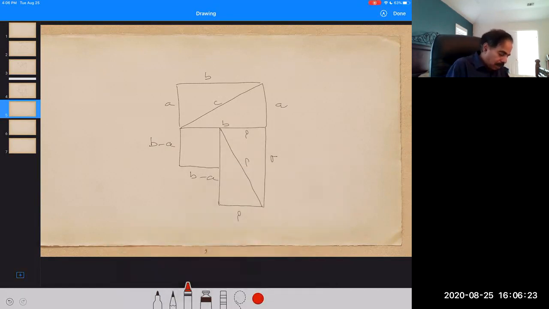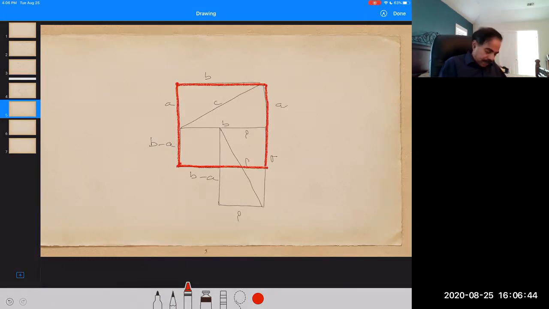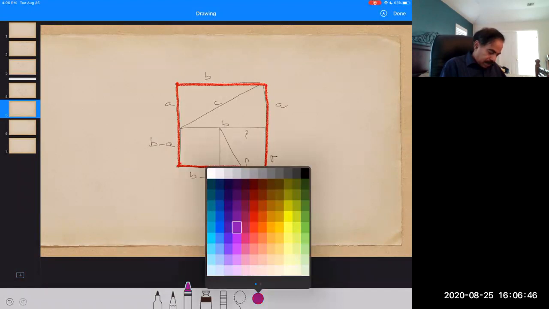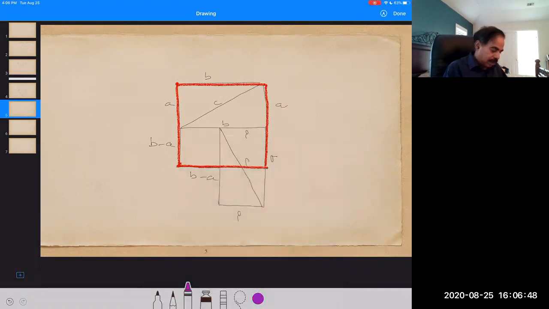So now what we're going to do is take that square, the red square, and then take the blue square.